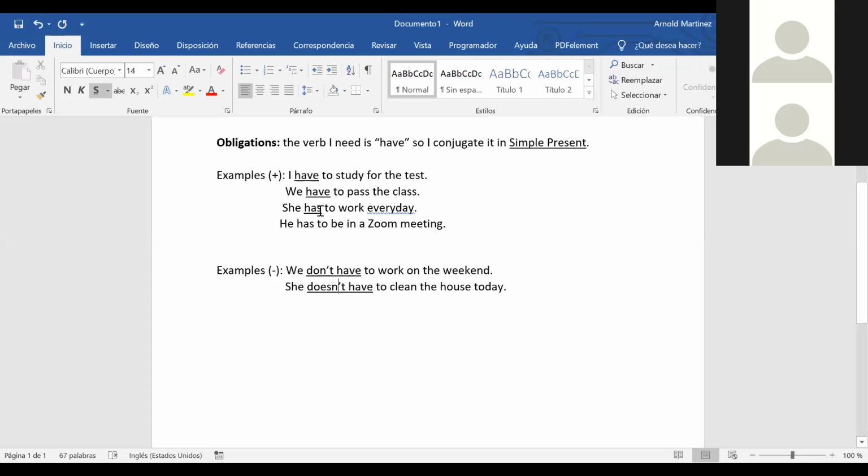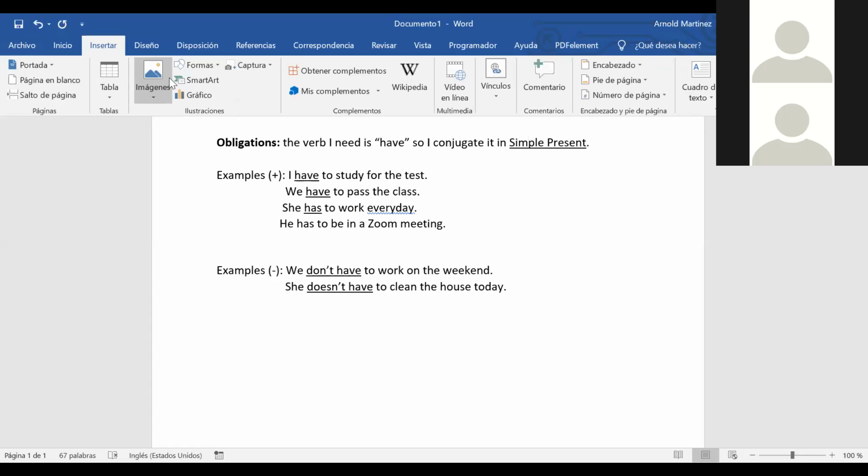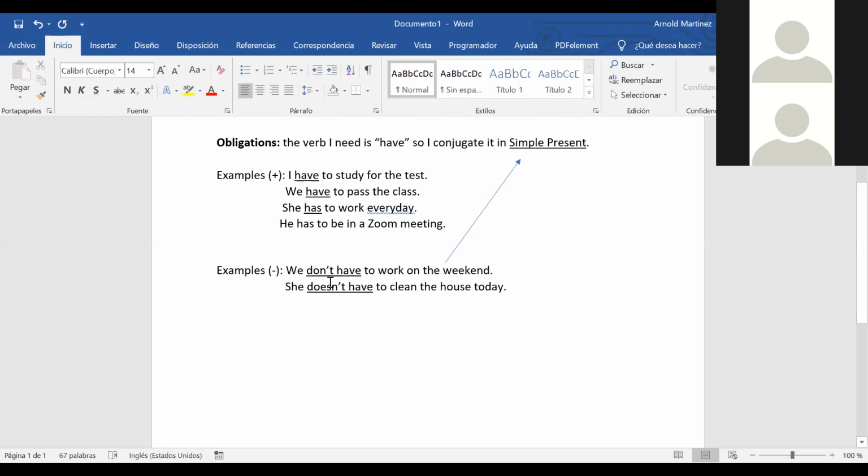In this case, have a look. I conjugate in affirmative sentences he or she has. But in negatives, I have to say she doesn't have. Why? Because in simple present, when my auxiliary is present in a sentence, my verb is in base form, not conjugated.